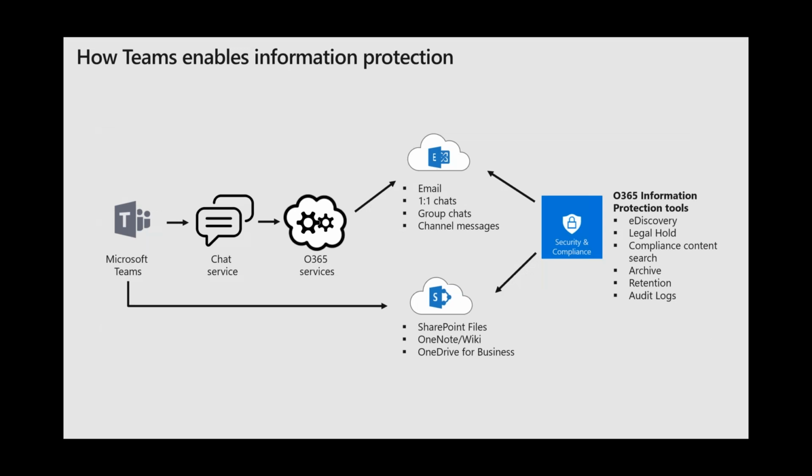It's interesting to see how and where the content resides when you start to look at protecting the content within those teams. So this is a nice representation of Microsoft Teams. There's a chat service that lives in Azure somewhere. It then talks to those Office 365 services.